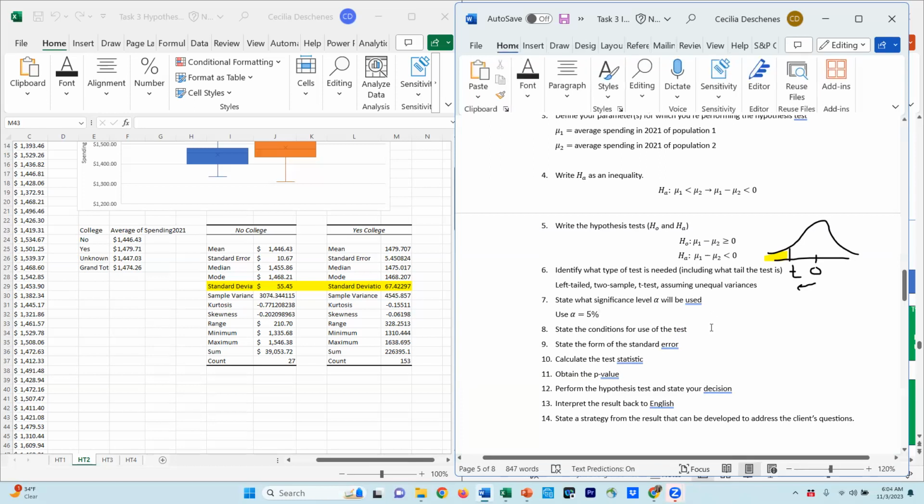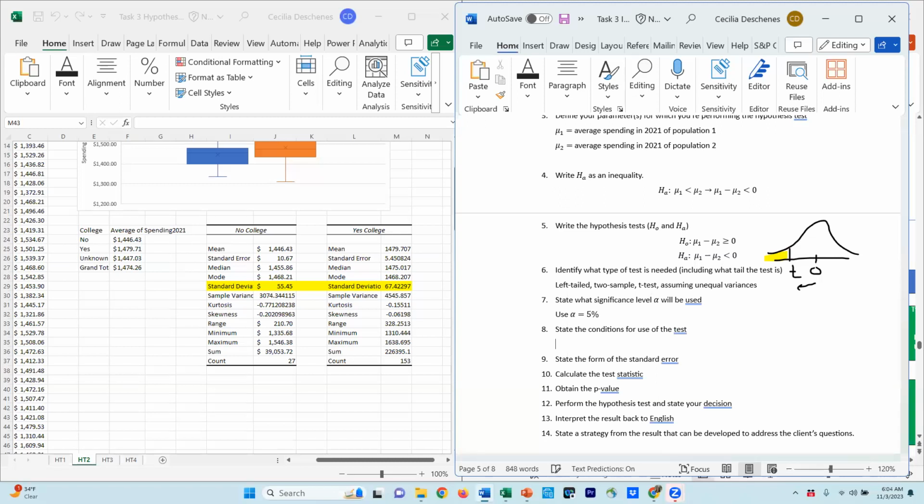State conditions for use of the test. So for a t-test, if you remember, and you can look back to the slides, the condition for use is that if either of the sample sizes is less than 30, we have to have normally distributed data.